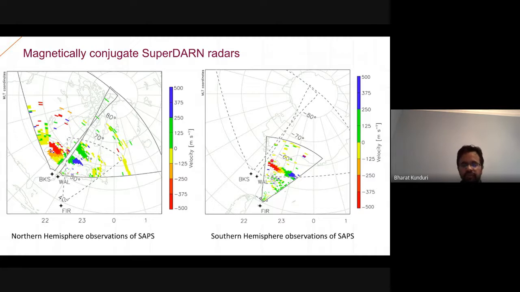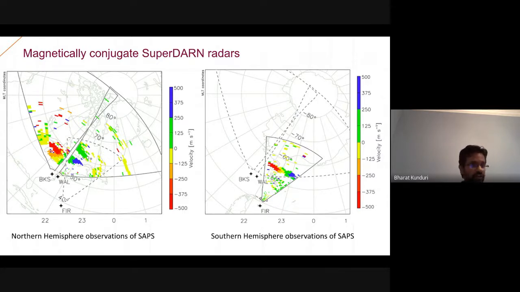So if you assume that the flow direction is constant in this narrow region and make a plot of the variability between beam direction and the magnitude of the flow, the variability can confirm whether these are westwards or not, giving you more confidence about the measurements. We found that these are significantly westwards. I don't remember the azimuth off the top of my head, but I think it was around -80 or so degrees, which is pretty close to westward. We are fairly confident that this is from a SAPS channel there.